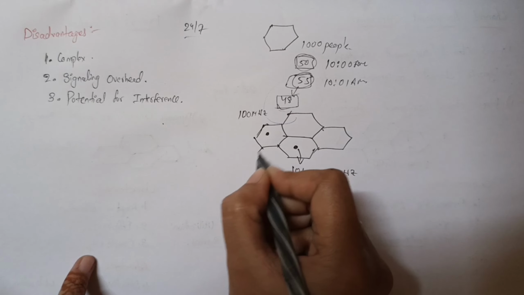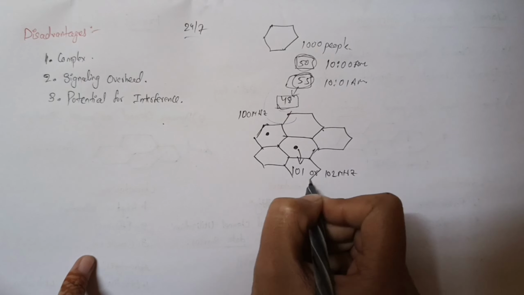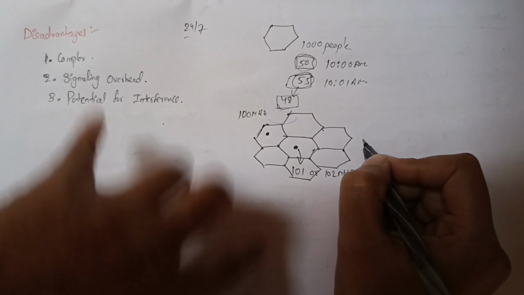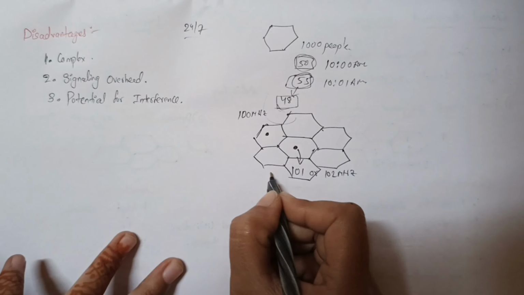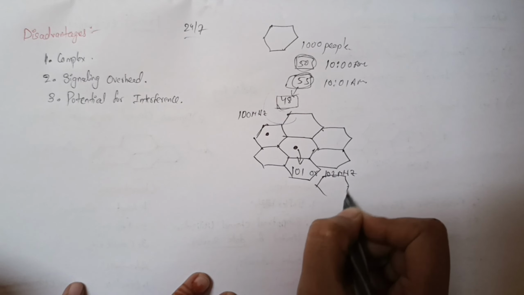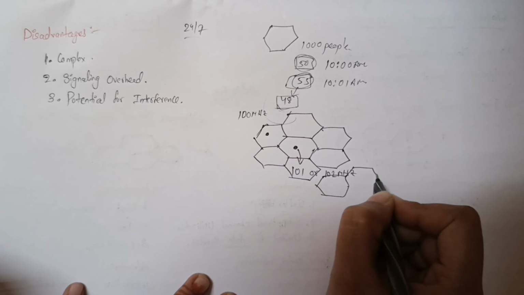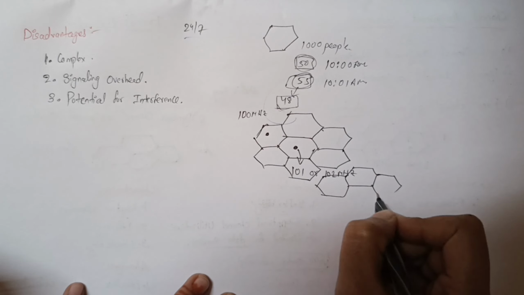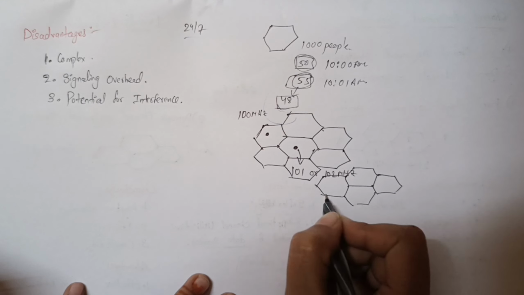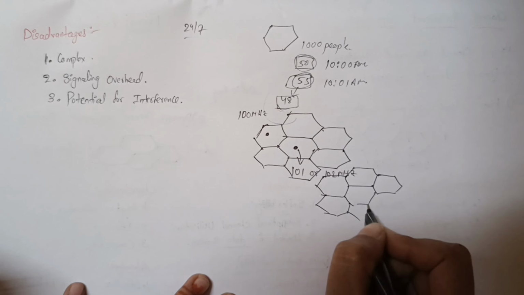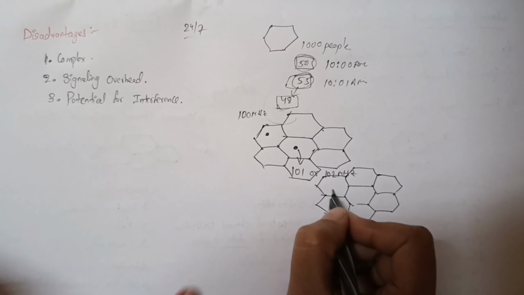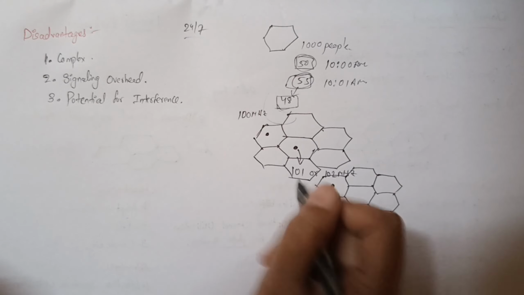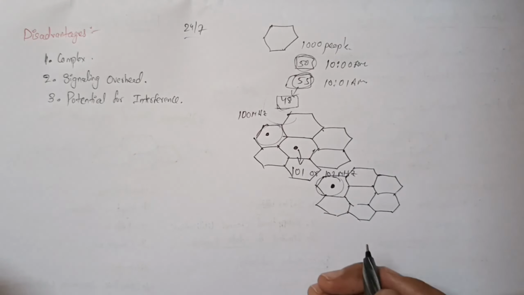So let's say this is one cluster, and here let's say there is another cluster. The channel allocated to this cell, this and this are co-channels, right?